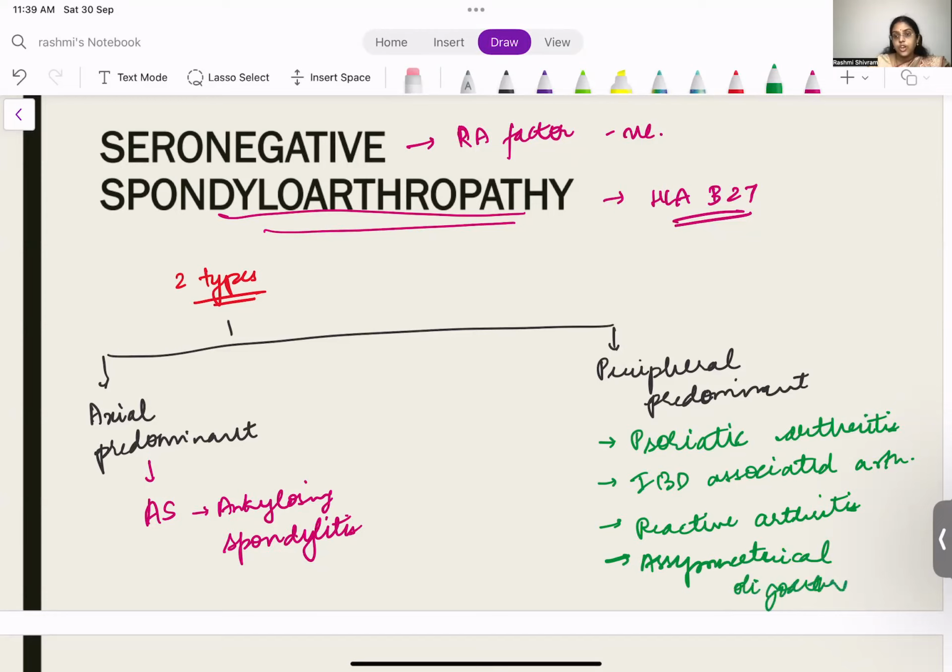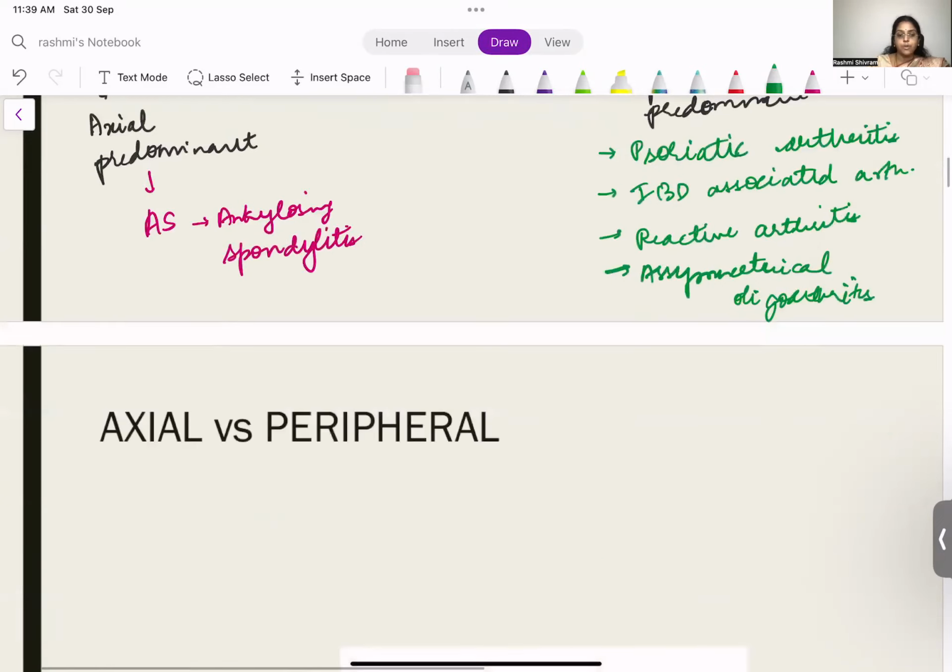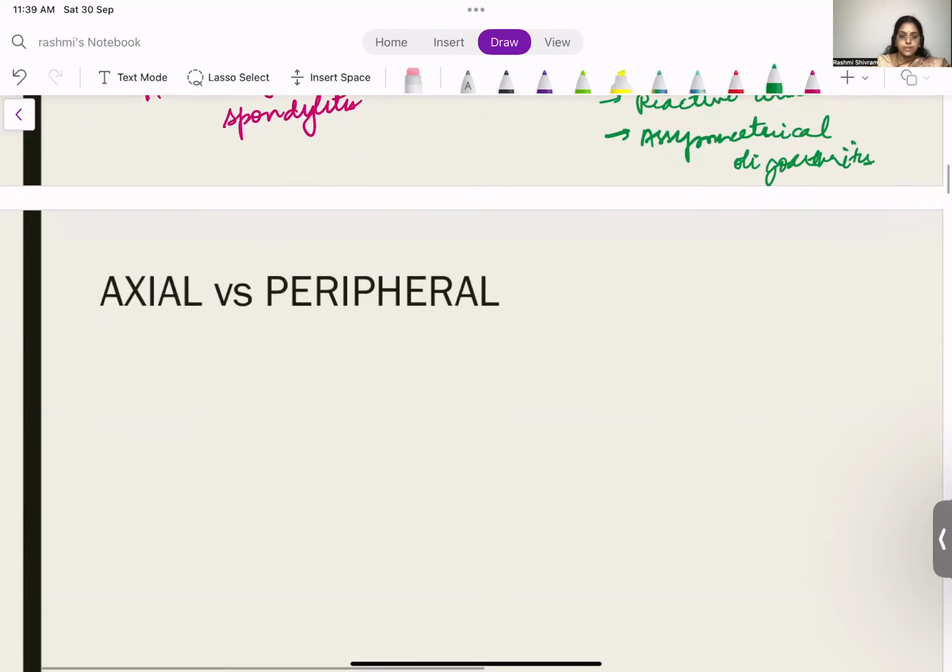So the axial predominant one is ankylosing spondylitis. The peripheral predominant ones are mainly psoriatic arthritis, IBD-associated arthritis, reactive arthritis, and asymmetrical oligoarthritis.